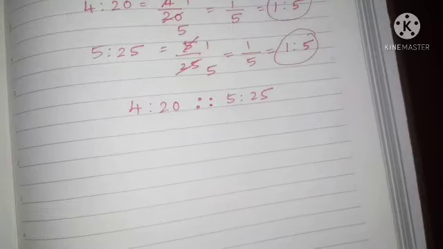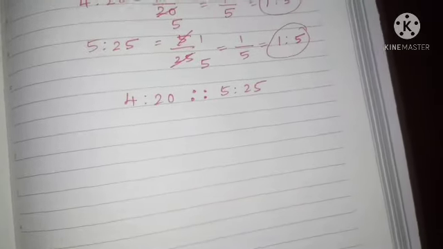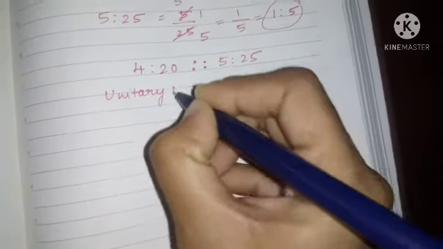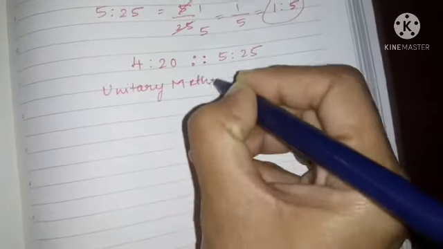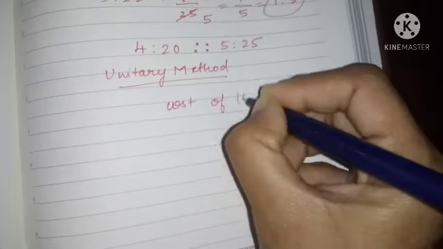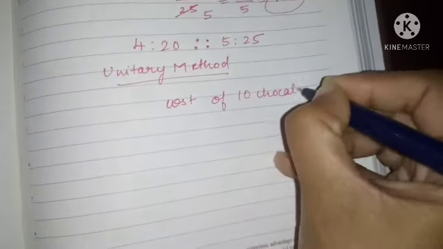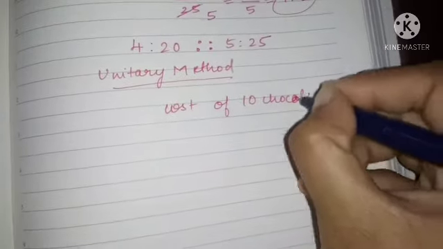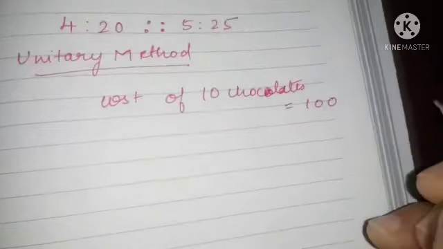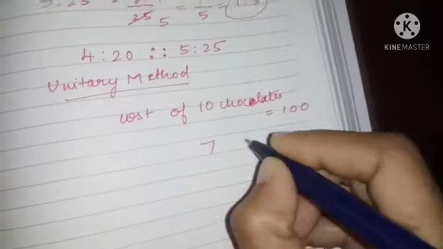Next we'll deal with the unitary method. I don't know whether you know this method or not. Sometimes the cost of 10 chocolates is 100 rupees, and you want to find the cost of 7 chocolates.